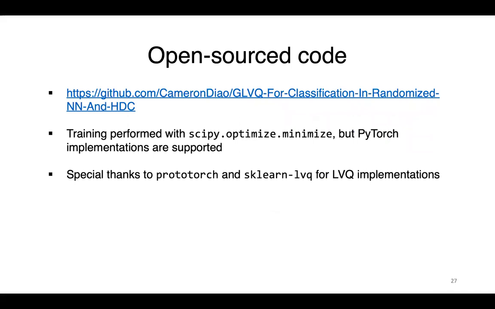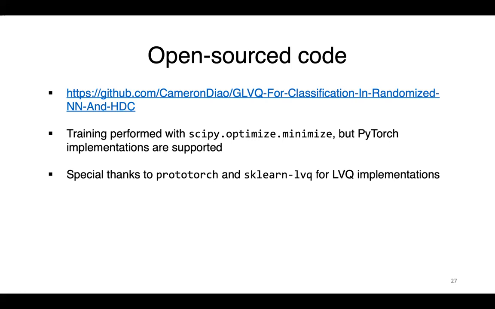In this slide, in the interest of full disclosure, I attached a link to the code I used for my training and testing procedures for all of these experiments. I have the link here, but I can drop it in the chat. Training was performed with the SciPy optimize minimize library, but of course, PyTorch implementations are supported just because they offer a wider variety of optimizers you can use, like the popular Adam optimizer or SGD with momentum.